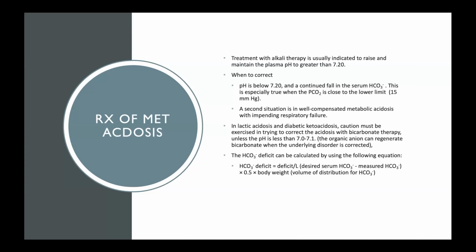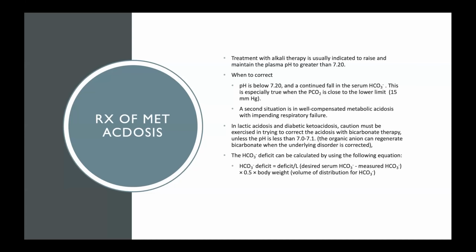So there's a formula to calculate the bicarbonate deficit if we want to correct to a person's desired level of bicarbonate: the deficit multiplied by half of the body weight. You need how much you want to correct and how much is measured. If the measured is, let's say, 9, and you want to correct not to 24 but to 15, then the difference is 6.